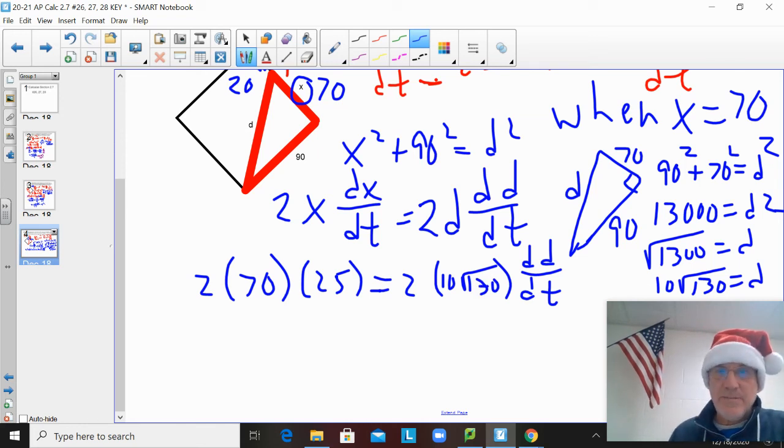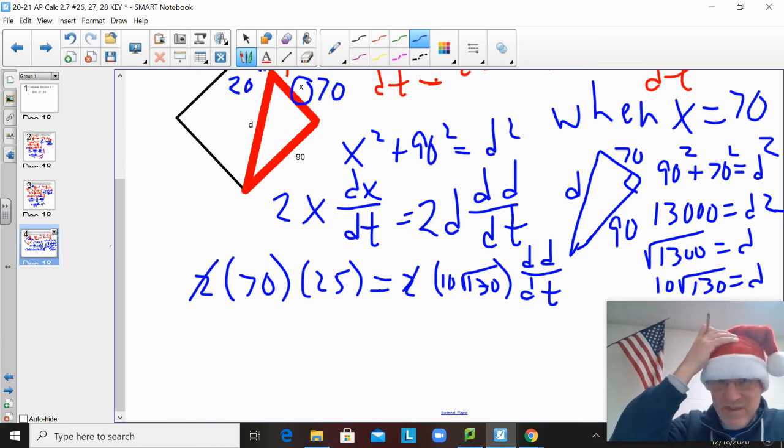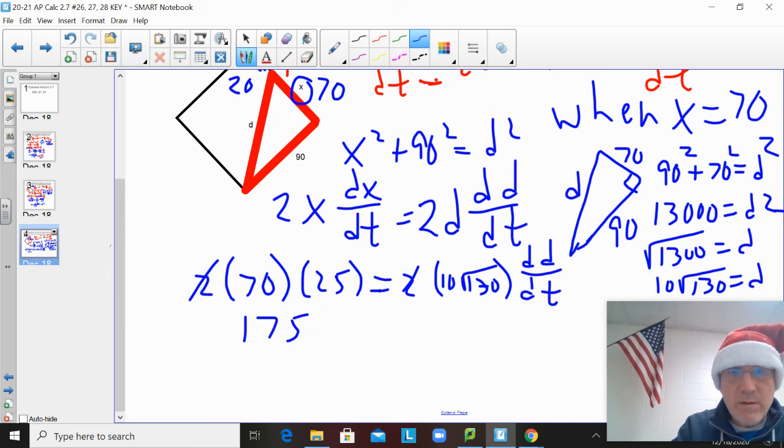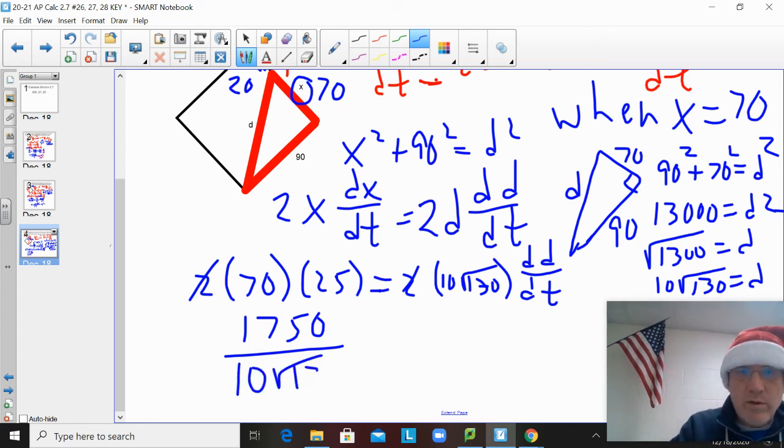Now we just solve that again. So 2 still cancel out. 70 times 25 is 1,750 over 10 root 130 equals dd/dt.